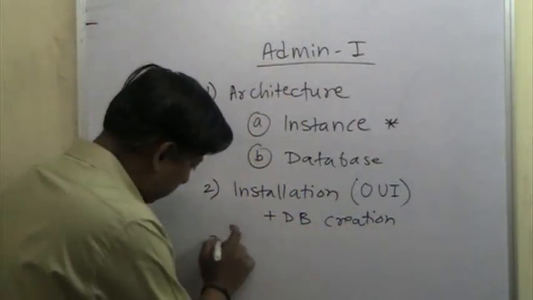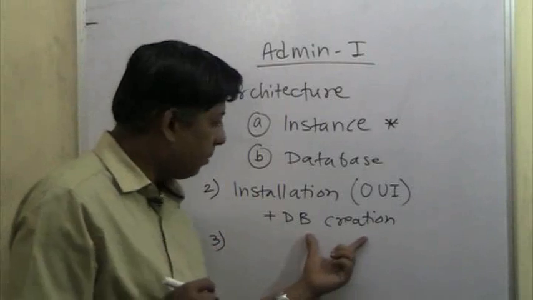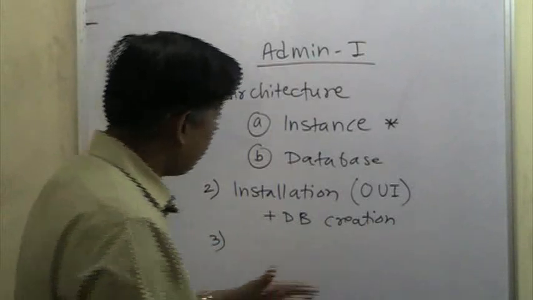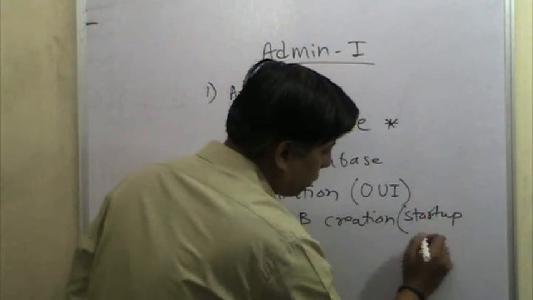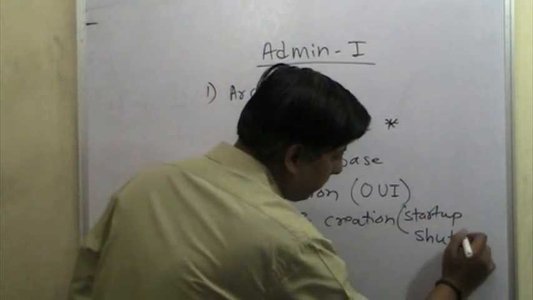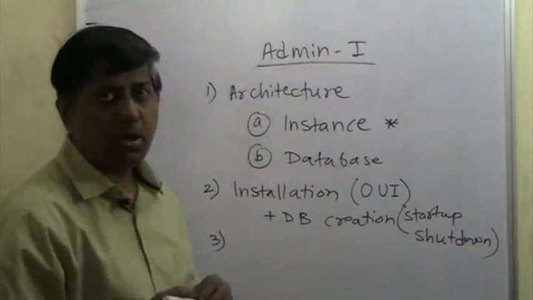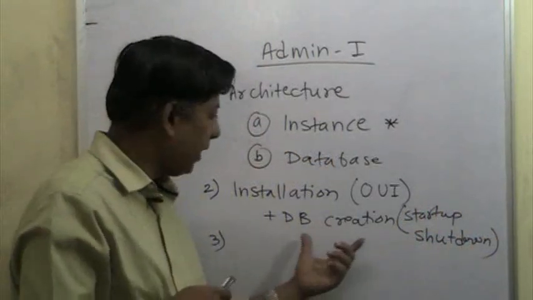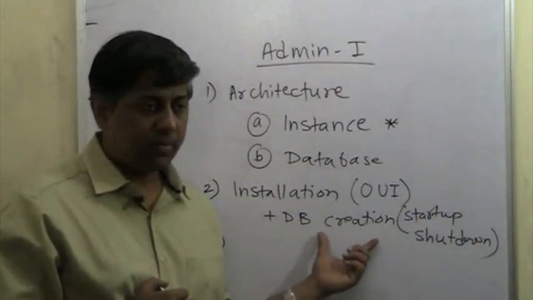Then in the third topic we will talk about database creation, and maybe here itself the startup and shutdown process. Startup and shutdown of the database is very interesting. Sometimes it looks complicated unless we understand it.